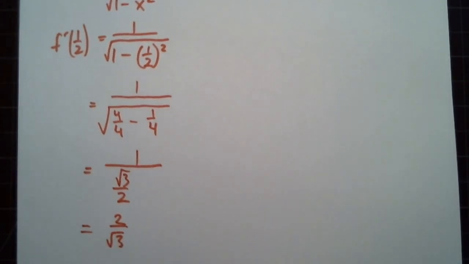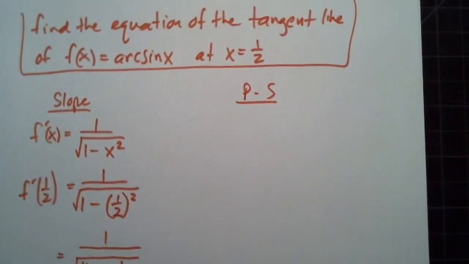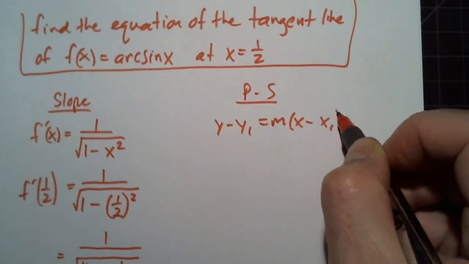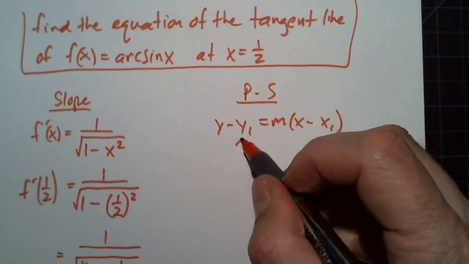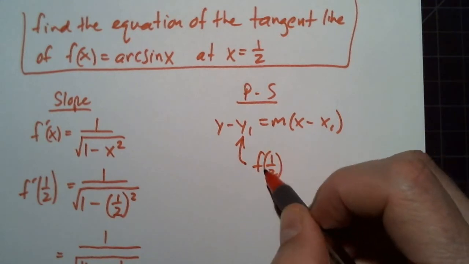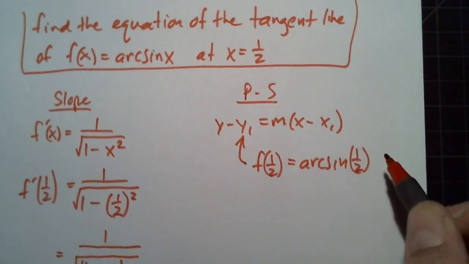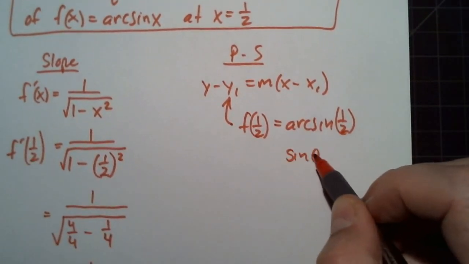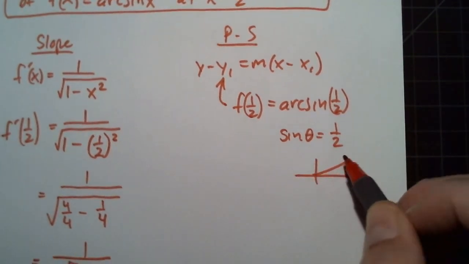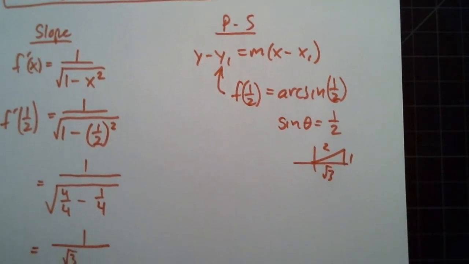That's the slope, and now we need the point slope formula. We know the x value, but we have to find the y value. So we need f of 1/2, and that is arcsine of 1/2, which means find the sine of an angle that equals 1/2, and that's going to be 30 degrees or pi over 6.